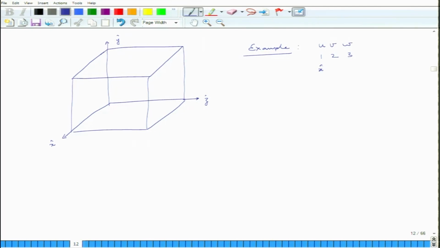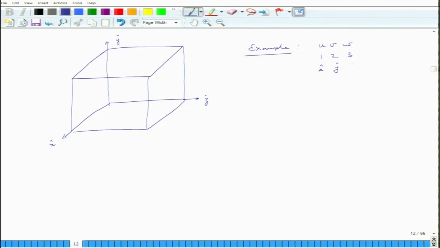So, this is one lattice translation along x, two lattice translations along y. Now, as opposed to plane, it is not half, it is 2 lattice translations. And this is 3 along z. So, basically it is 1 of x plus 2 of y plus 3 of z. That is how you will represent a vector, right? If it was a vector r, that is how you will represent a vector, right? 1 of x plus 2 of y plus 3 of z.